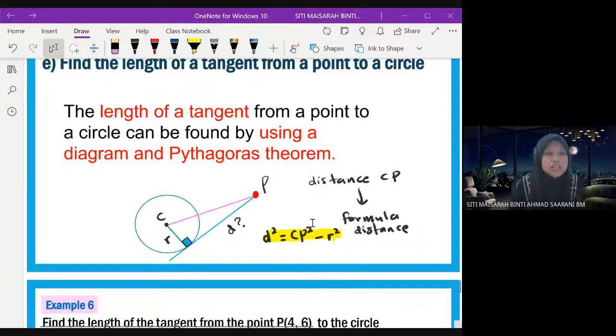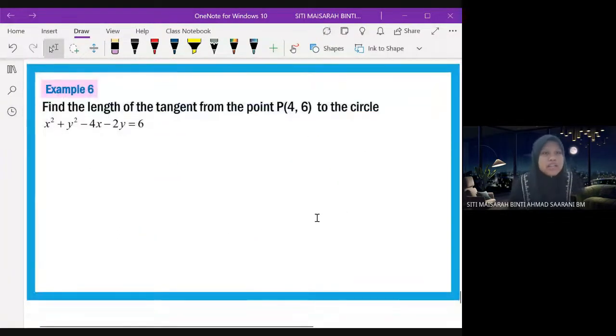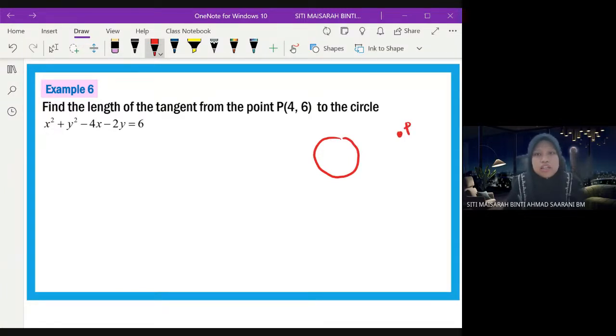Okay. Tengok example 6. Find the length of a tangent from point P 4, 6 to the circle x square plus y square minus 4x minus 2y is equal to 6. So dia punya bayangan dia sama macam tadi. So kalau kita lukis balik, kita punya ni circle, ini point P. Length of tangent yang ini.